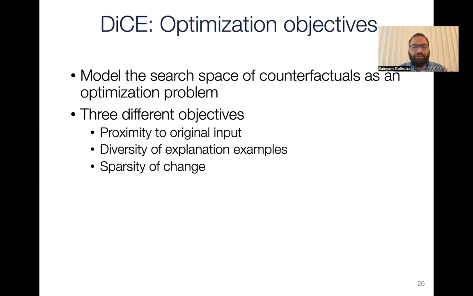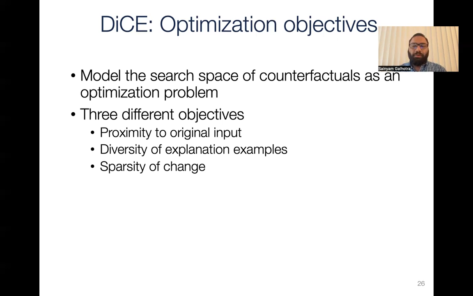The second component ensures that the different explanations are diverse, that is, they focus on different features or different modifications of different features. The third objective ensures that the changes required to generate counterfactual instances are sparse, that is, we want to make a fewer number of changes to the attributes. These three different objectives are merged as a linear combination to write the optimization.